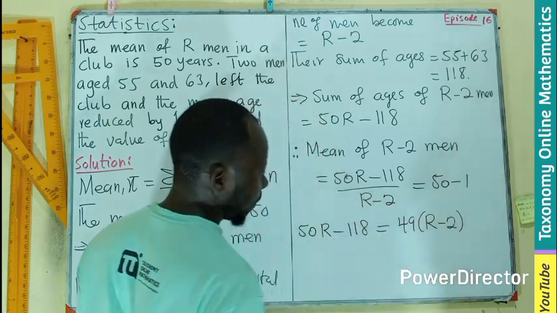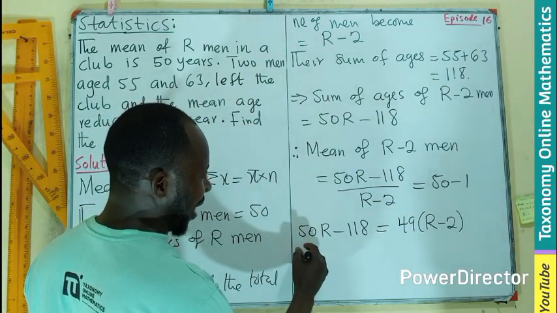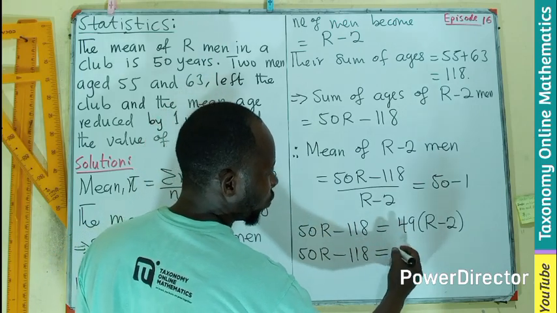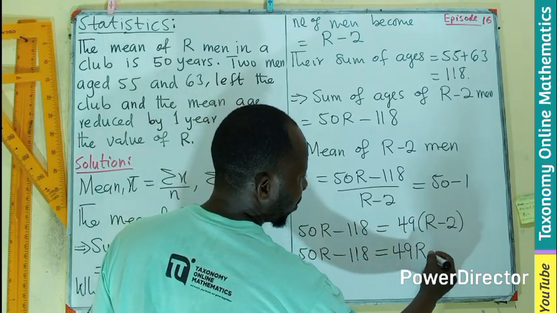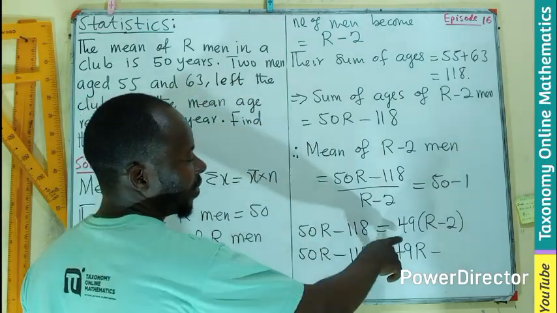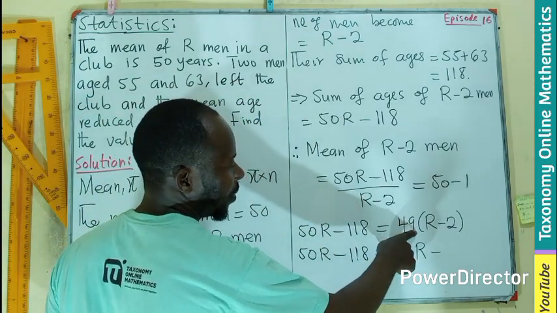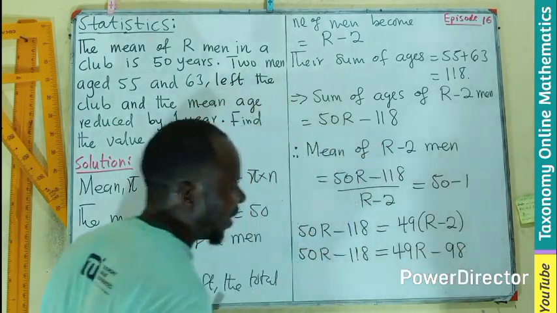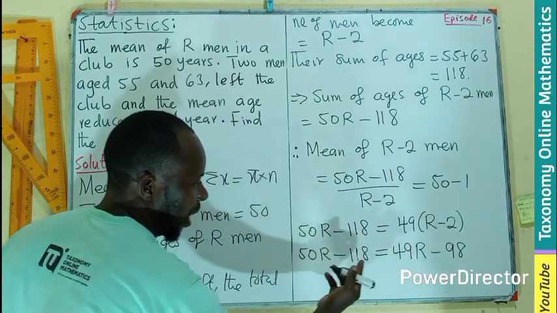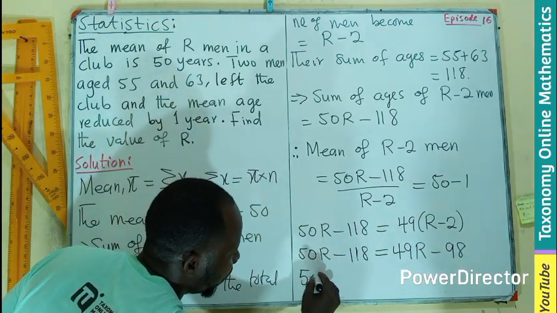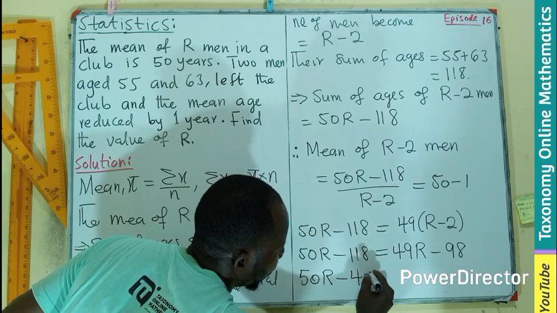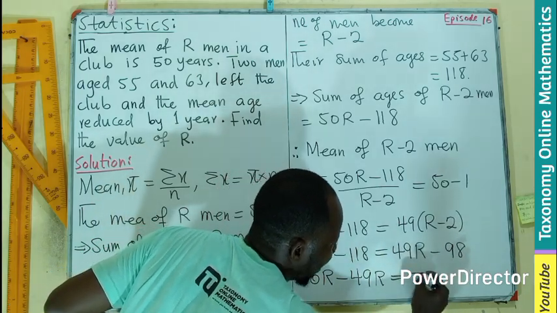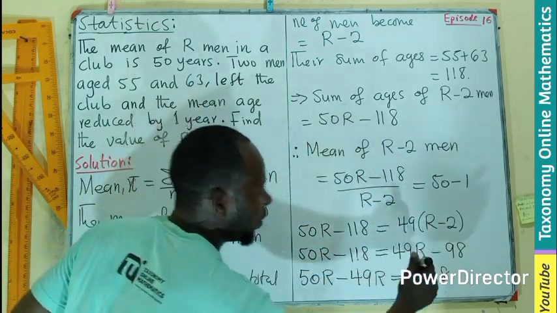R minus 2. I think that we need to expand that bracket. So 50R minus 118 equals 49R minus 98. We know this is smaller, so let's bring it here: 50R minus 49R equals, so let's maintain our negative 98, transpose this to become plus.